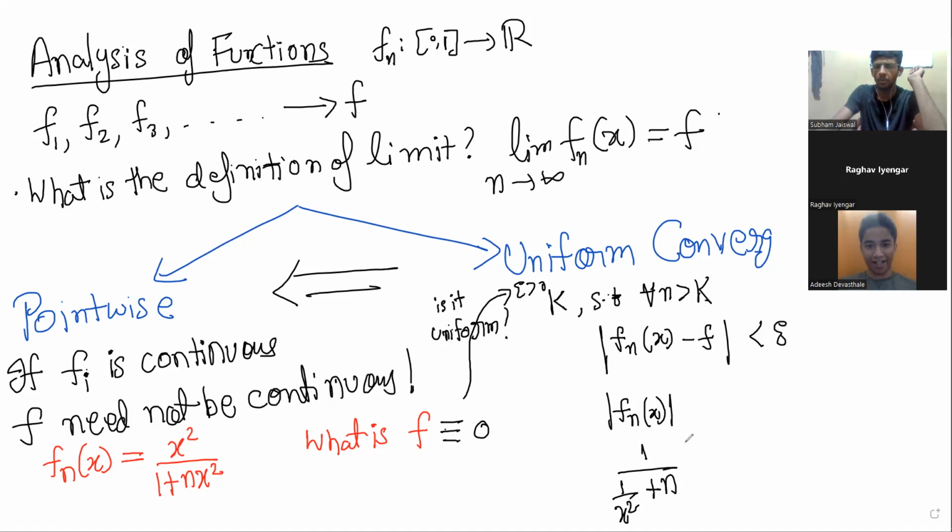Now if you see the denominator, 1 over x square will always be positive. So we don't need that. Obviously, if we set an epsilon, we can always get a k such that for all n greater than that k, this inequality is satisfied. Yes.